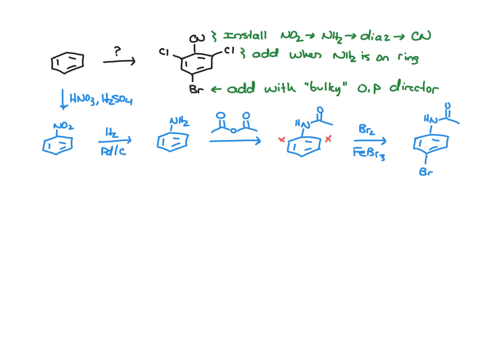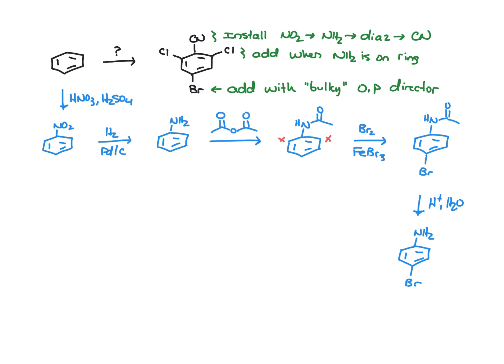Now we can get rid of this bulky group and just take it back to the amine. To do that, we're just going to add acid and water. Now we have this amine, which is a strong ortho-para director.